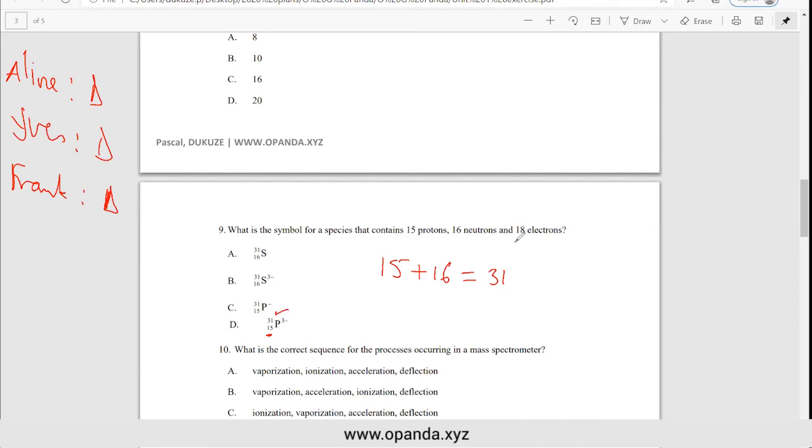And you can see here we have 18 electrons while the protons are 15, so we have 3 extra electrons giving us a charge of -3. So that is to say that D is right. So you are right. D is right. That is the right answer.